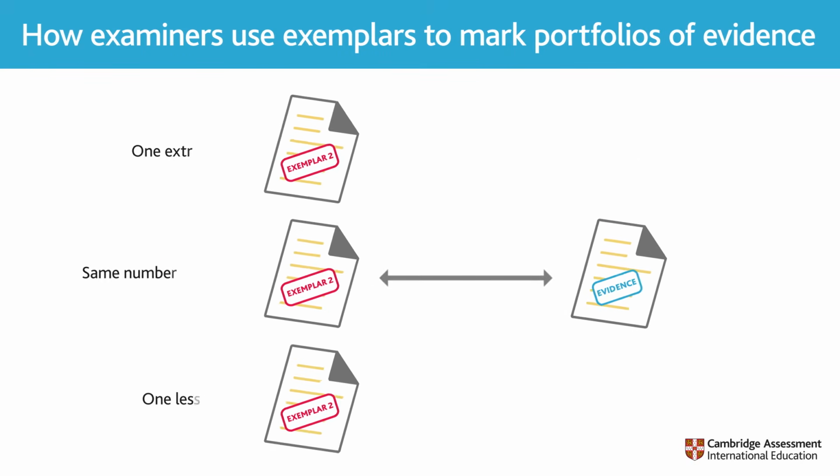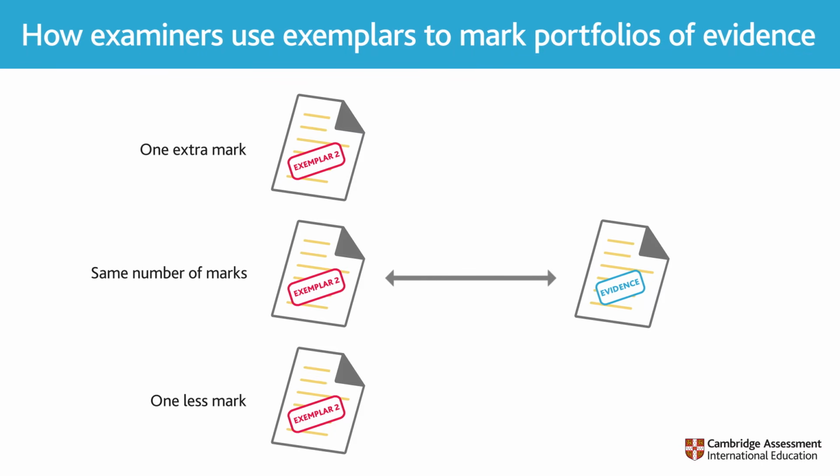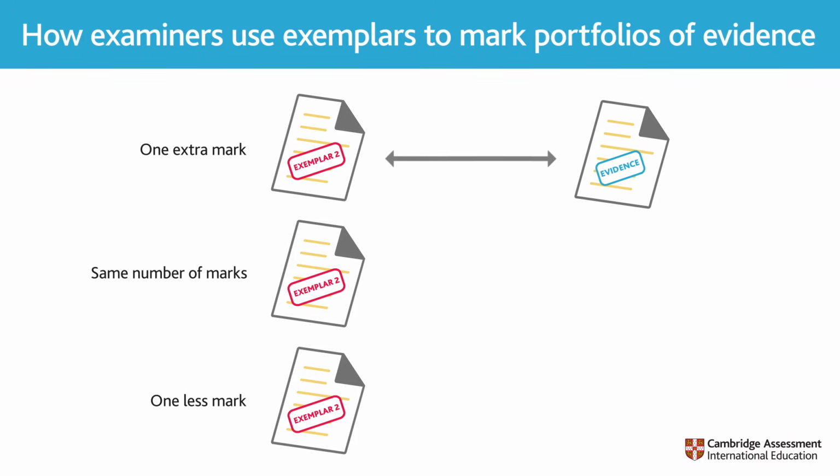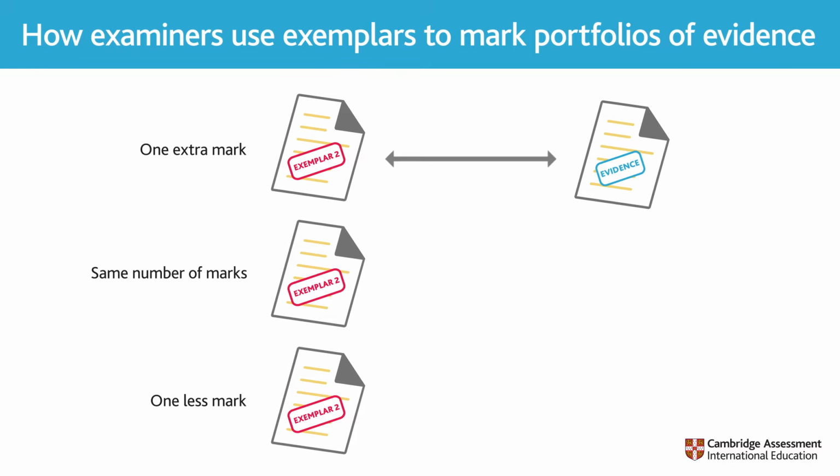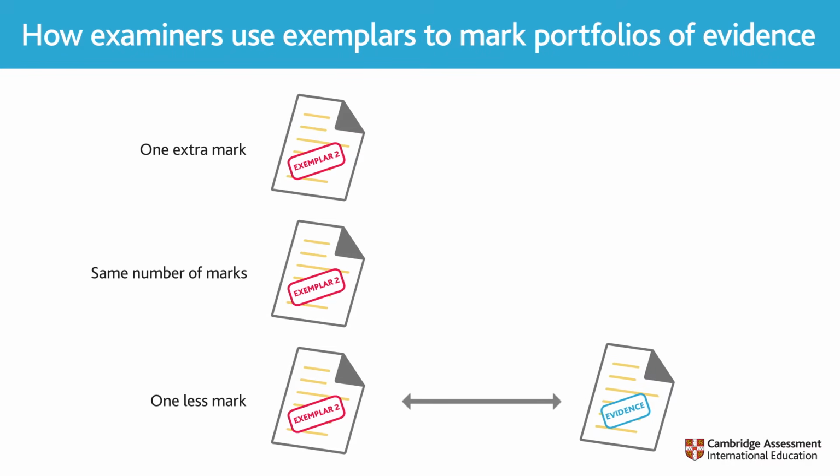Thanks, Sarah. If a piece of evidence and the exemplar are similar in quality overall, then the evidence is given the same number of marks as the exemplar. If the piece of evidence is slightly better, it's given 1 or perhaps 2 extra marks. If it's slightly weaker, it's given 1 or 2 fewer marks.